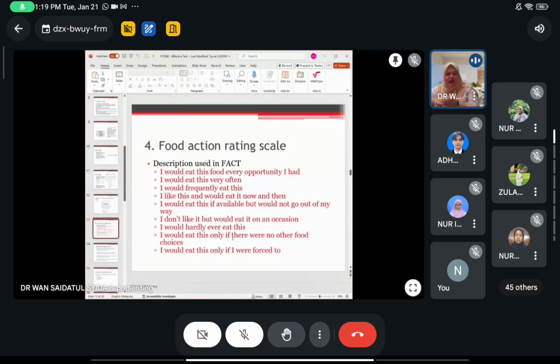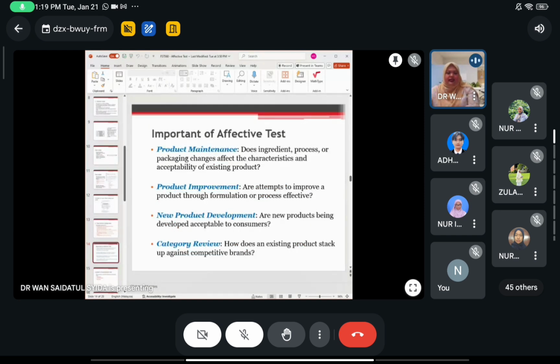Okay, the fourth method. All right, and then the importance of the affective test. Where can we implement the affective test? So you might be given situations, and then you have to match and determine whether among discrimination, affective, and QDA, which is the best method.